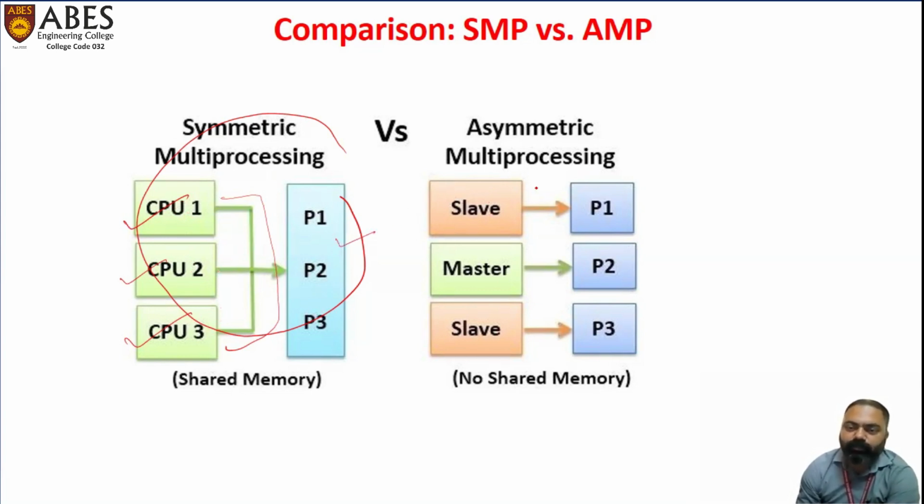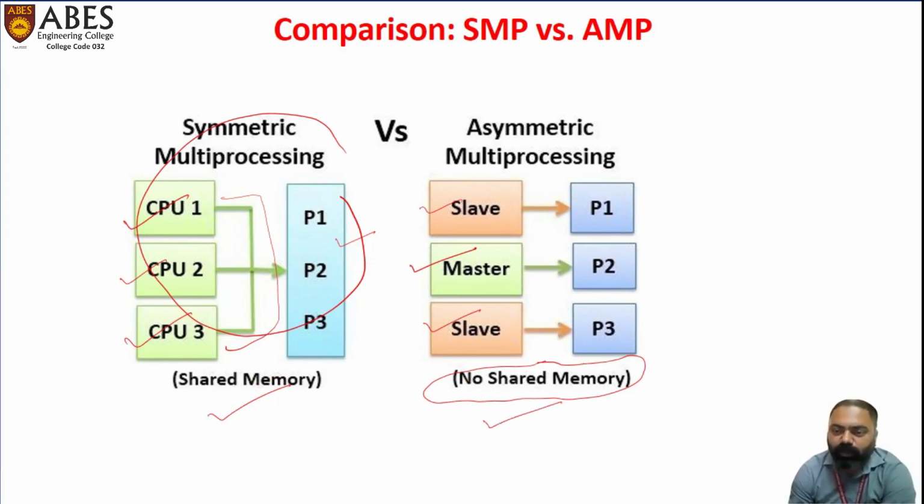But in asymmetric multiprocessing, you can see here are three processors in which one is acting like a master and the others are acting like slaves, and no memory is shared in asymmetric multiprocessing. So what is the difference? In symmetric, load is distributed with balance. In asymmetric, load is distributed according to the capability of a particular processor. In symmetric, memory is shareable, and in asymmetric, memory is not shared among all the processors.